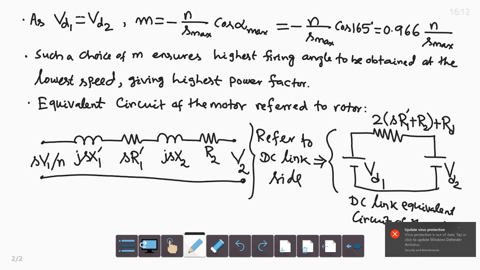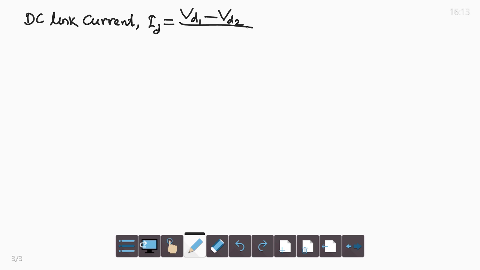So, from this DC link equivalent circuit, we can obtain the DC link current. DC link current ID, as you see from that equivalent circuit, is VD1 minus VD2 divided by the total resistance, which is 2 R1 dash plus R2 plus RD.